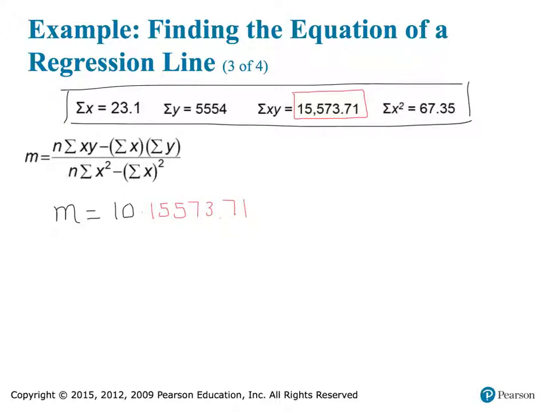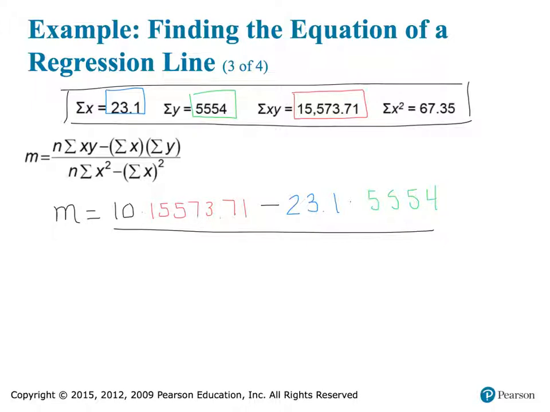Okay? Then the formula says to subtract the sum of the x's. Well, the sum of the x's is 23.1. But you need to multiply that sum, according to the formula, by the sum of the y's. Well, the sum of the y's that we previously computed was 5,554. So there's the calculation for my numerator portion of my slope.